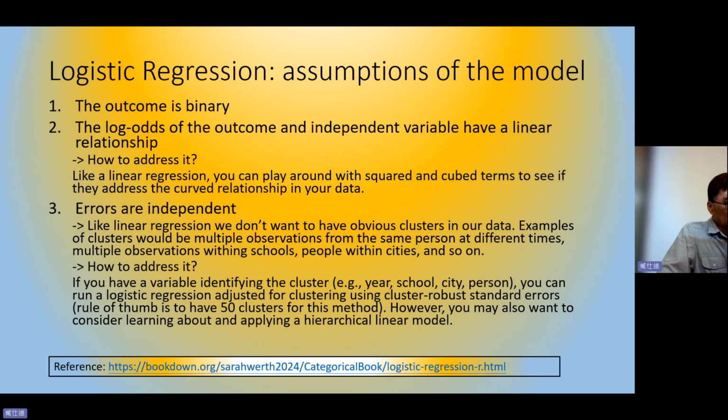If we have this kind of concern, then we can adjust for it. We can run the logistic regression adjusted for clustering, using cluster robust standard errors. But we haven't covered that yet. This is just to let you know that if we have a concern about clusters in our data, then we probably need to use cluster robust standard errors.